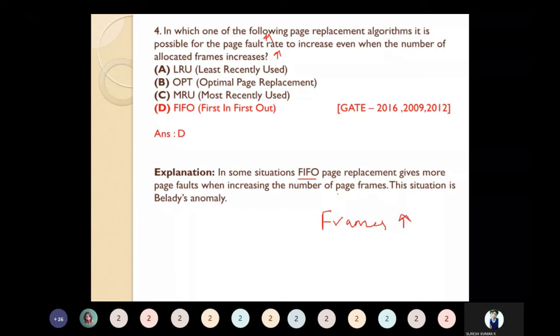For example, one problem is given, one string. In the previous problem 172, some problem was given, right? These problems were solved in terms of 3 frames.